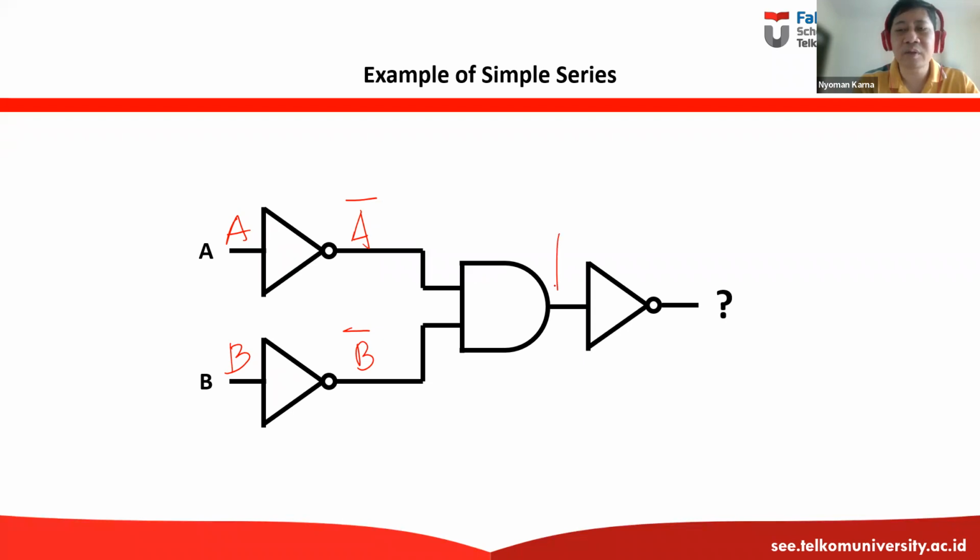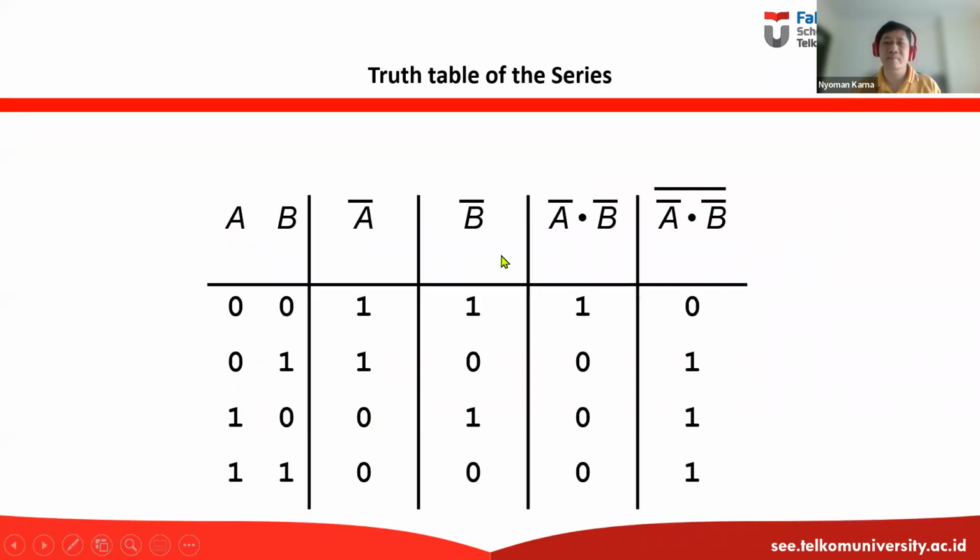And then the output in here will become A not times B not. And then the last output will become, this is the input, and then this is the output. This is only the truth table.